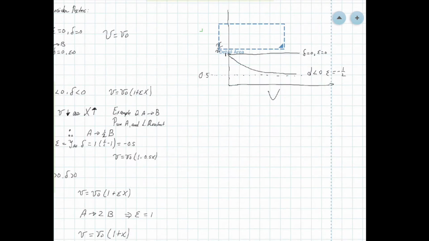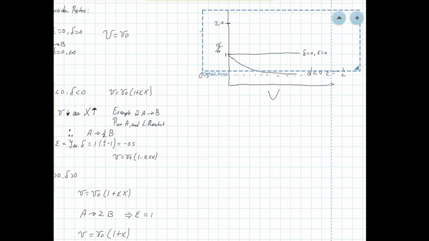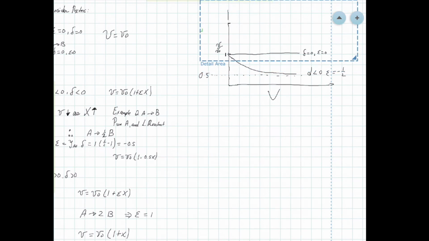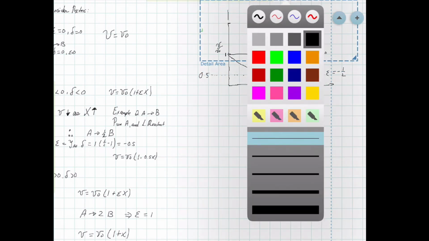Let's go to our diagram here. We're talking about a graph that will have this as a limit. We know that this is 1, therefore this should be 2 because you are adding to it.